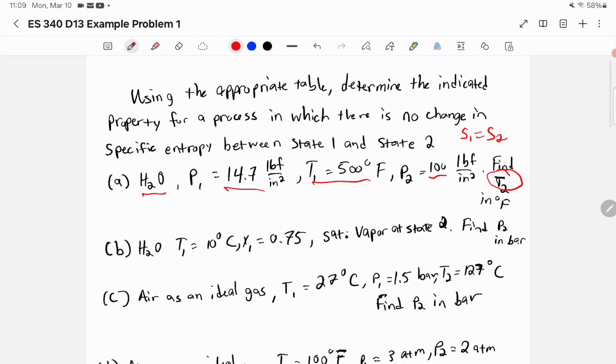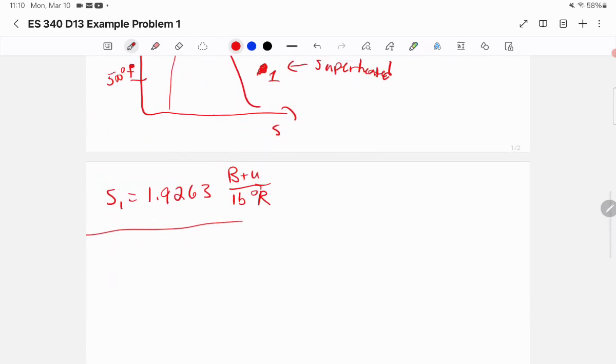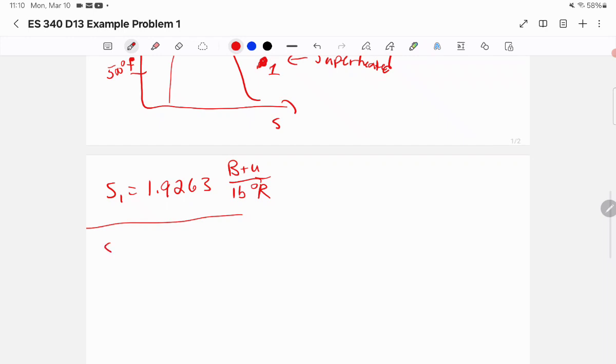We noted that S1 is always going to be equal to S2 in these problems because of the wording of the problem: there's no change in the specific entropy. So S2 also has to be 1.9263 BTU per pound degree Rankine.